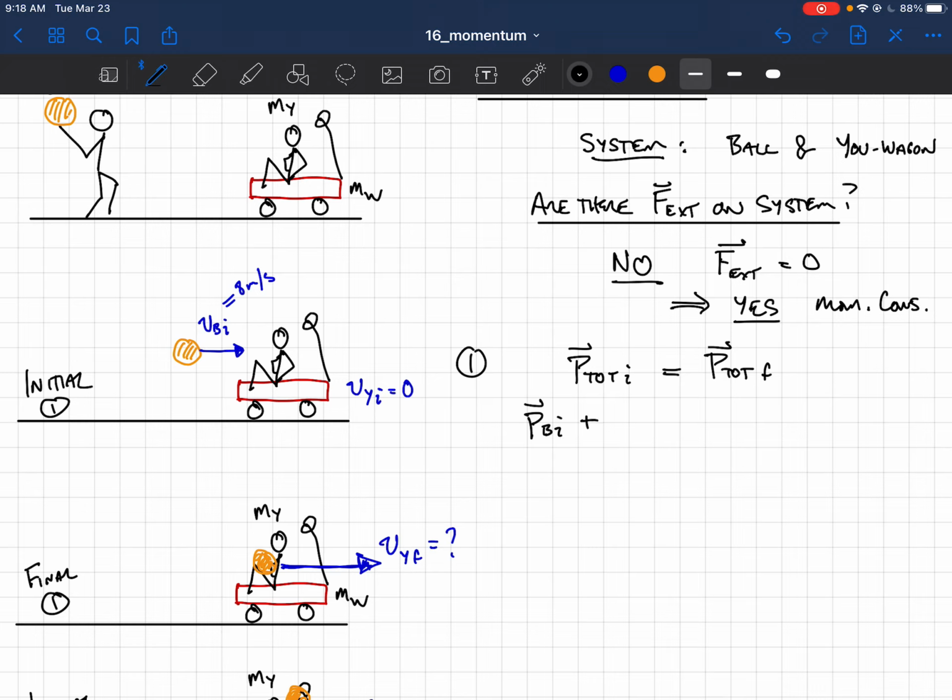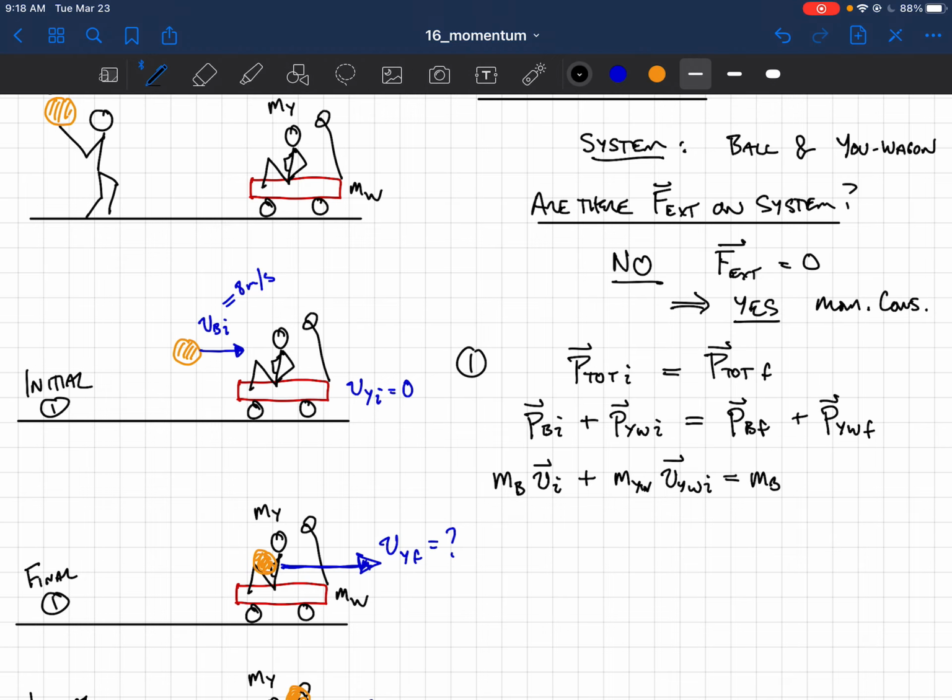So P ball initial plus P u-wagon initial, and that should be equal to the final, so P ball final plus P u-wagon final. Okay. What are those things? Well, momentum is m times v. So this is the mass of the ball times the initial velocity of the ball. Notice that I'm drawing vectors over everything. And then it's the mass of u and the wagon together times the velocity of u and the wagon.